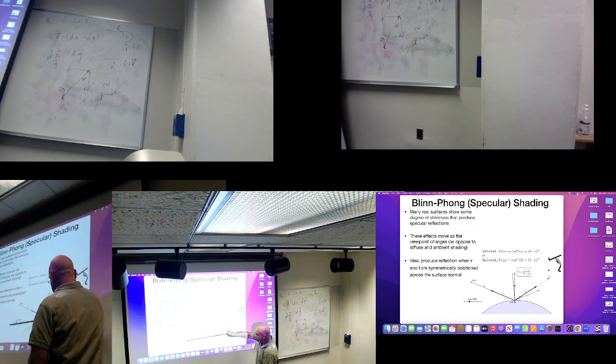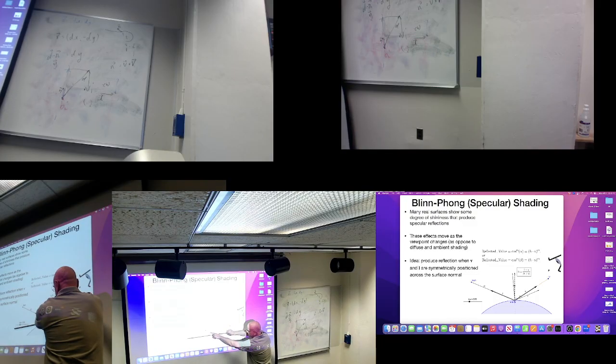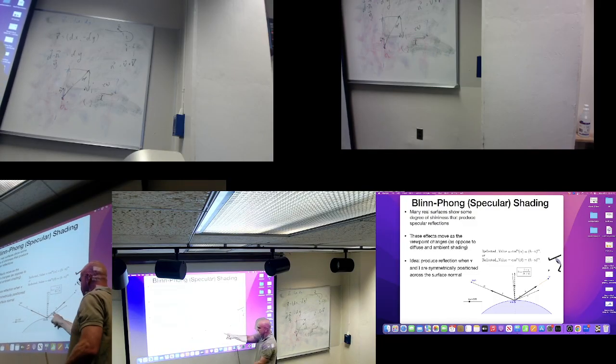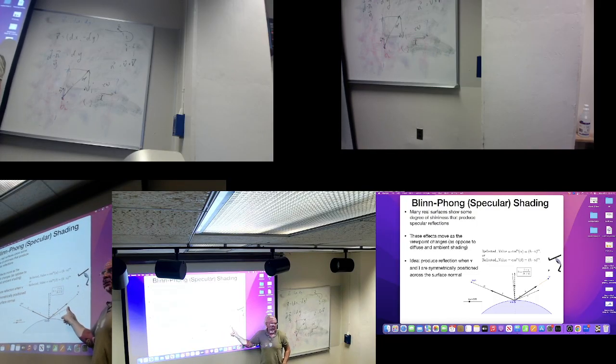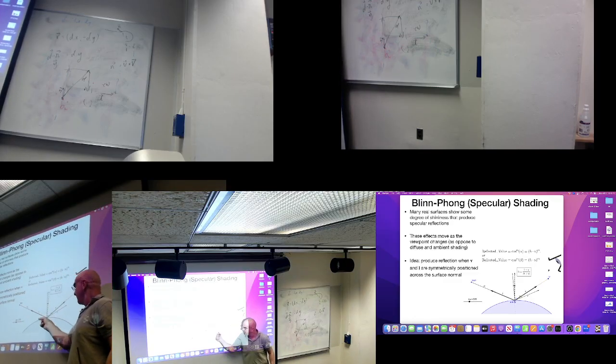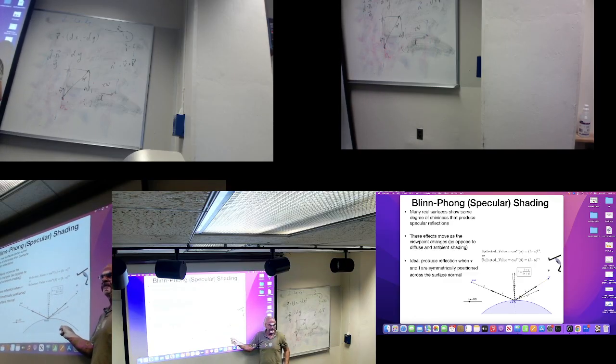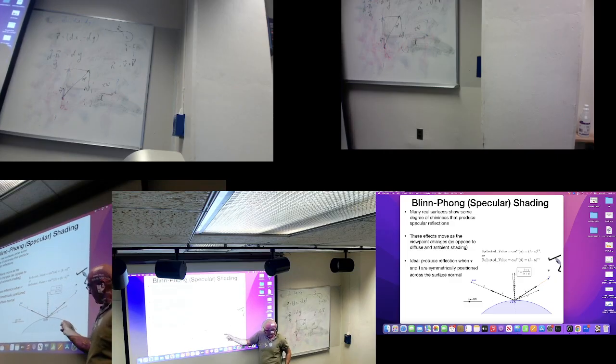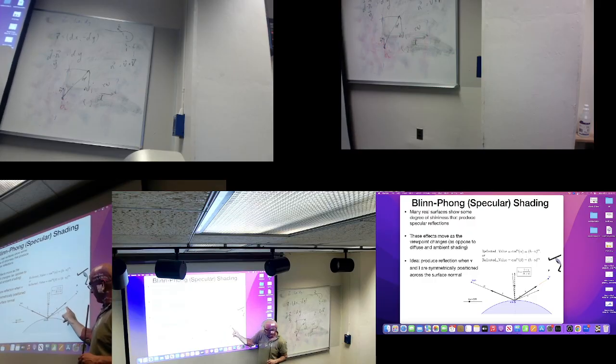Or if I put the tangent surface, then this angle equals this angle. That's exactly the direction in which I would see the sun had it been a perfect mirror. But it's not a perfect mirror, it's a shiny object. Plastic shiny ball. So I will see the specular reflection definitely if my eye is exactly at R.